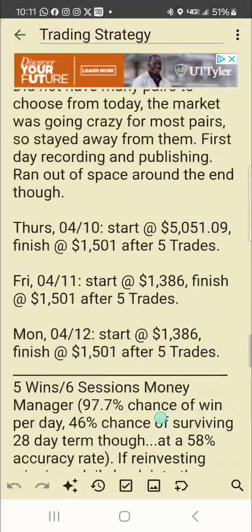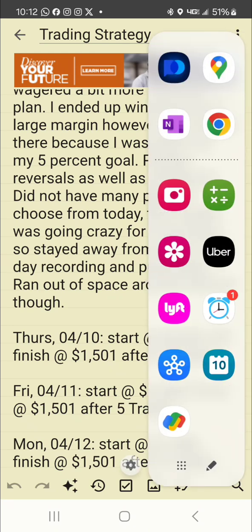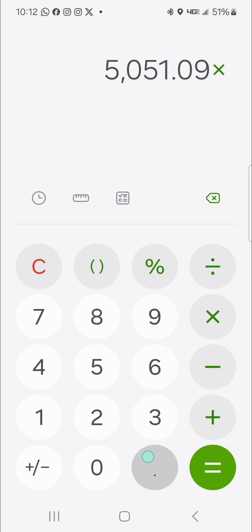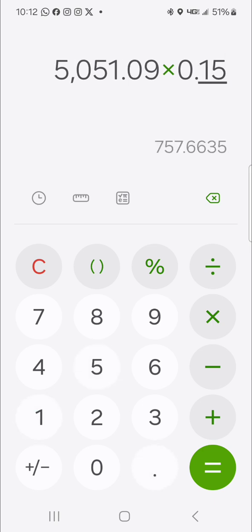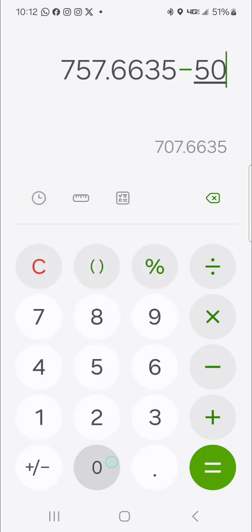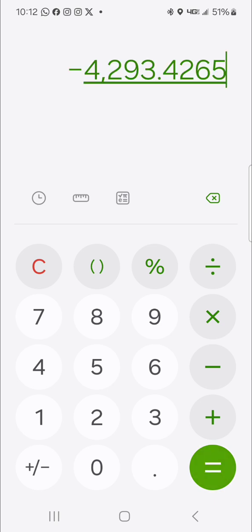Okay, so we started off at $5,051.09. $5,051.09 times 0.15 is $757.66. So we subtract that from $5,051.09, and we end up at $4,293.42. So once we get down to $4,293.42, we would stop for the day.